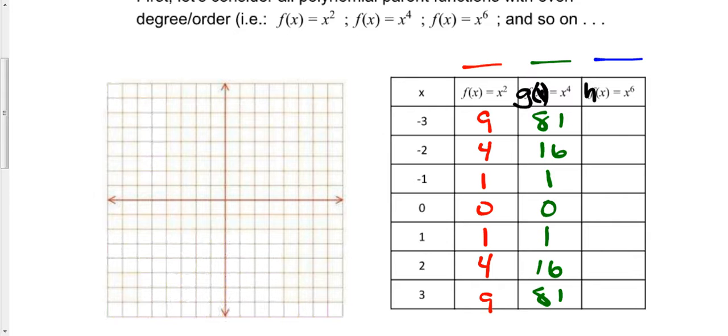What's 81 times 9? That is 729? Yeah. 729. Hot diggity. 2 to the 6th. So that's 16 times 4. That's 64. No. That's 64. That's not 64.